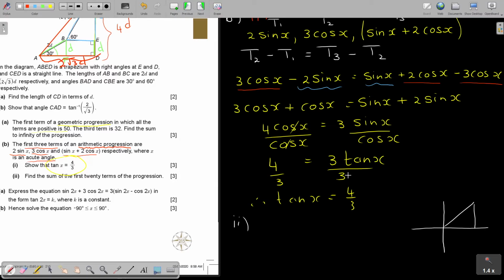Now you can go shift tan bracket 4 divided by 3, close the bracket, equals. Now the basic angle here is 53.13, and that's also the angle. So I can already say x is equal to 53.13 degrees. Keep it like that.